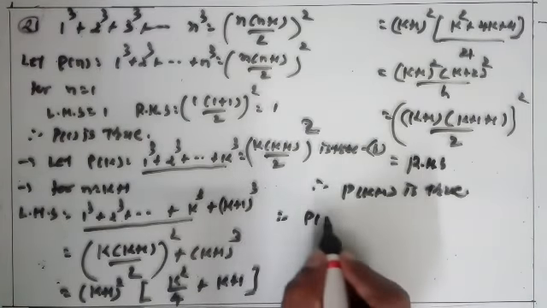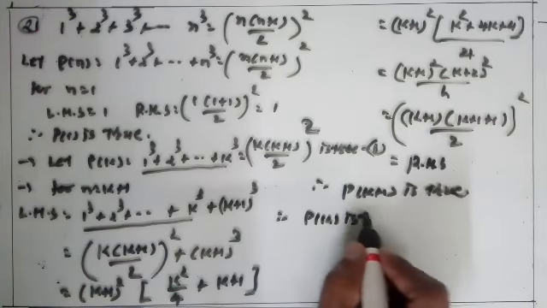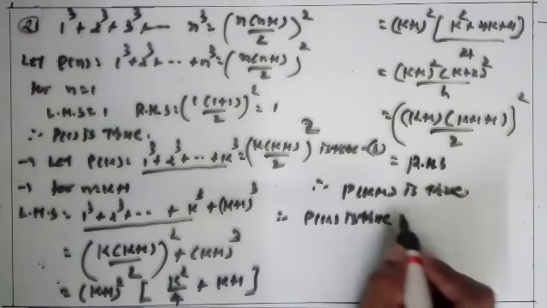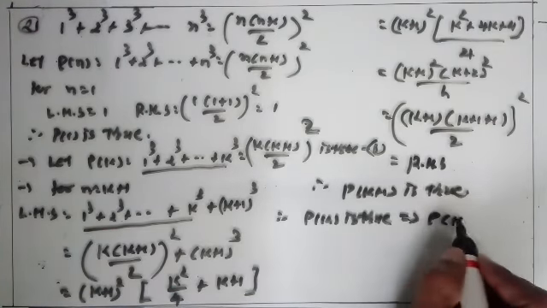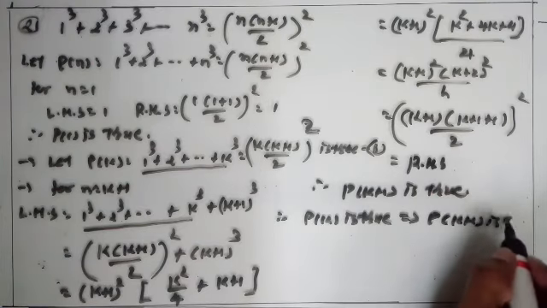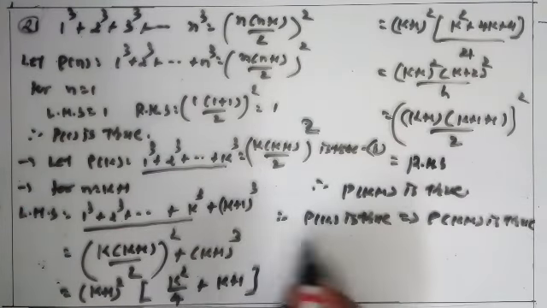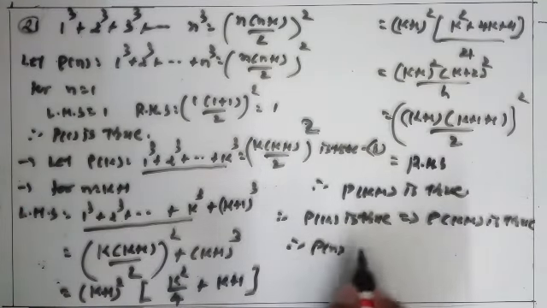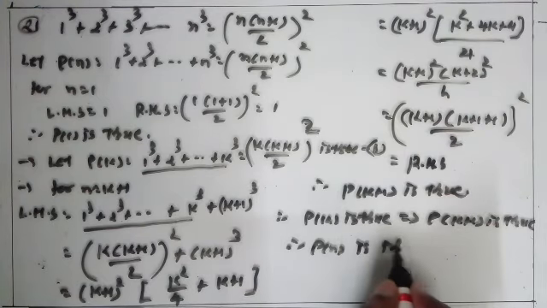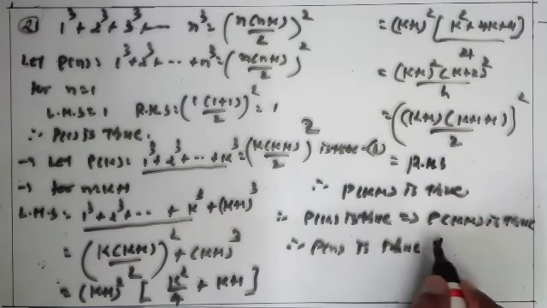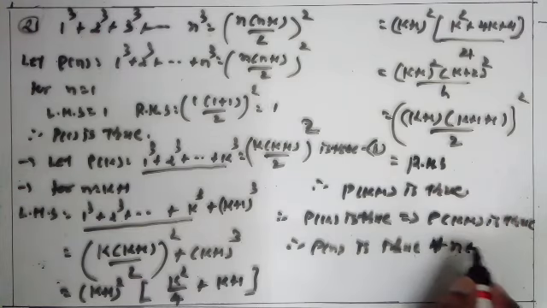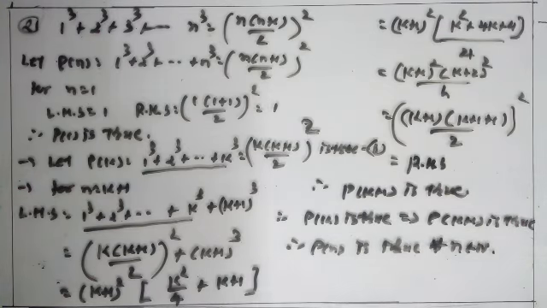So Pk is true implies Pk plus 1 is true. Therefore Pn is true for all n belongs to N. Clear this? So an easy question. Think how to solve this type of question by principle of mathematical induction, or in short by PMI.